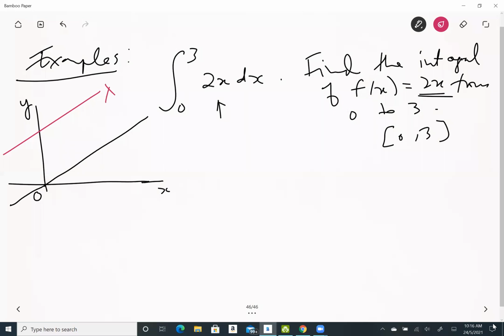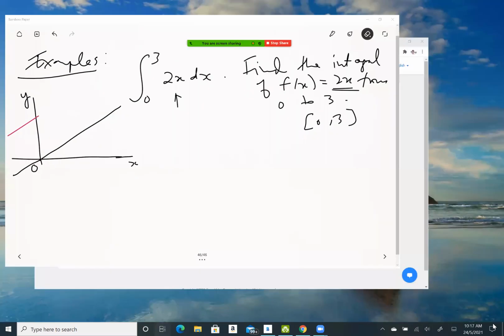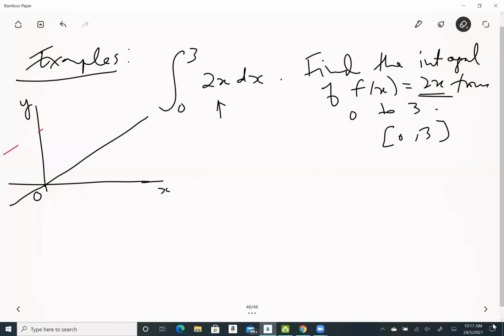So when you do this, I want you to sketch, but of course we have to be right on the intercept. If it is a linear function, that will be a straight line, and it cuts the origin. So we are talking about from x equal to 0, which is that point, to 3.